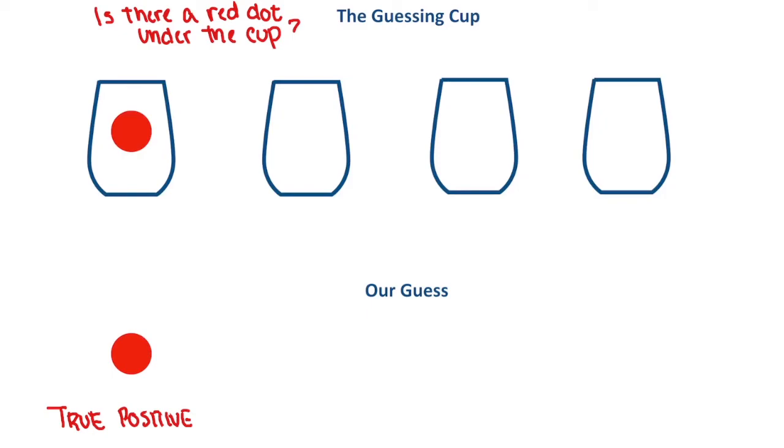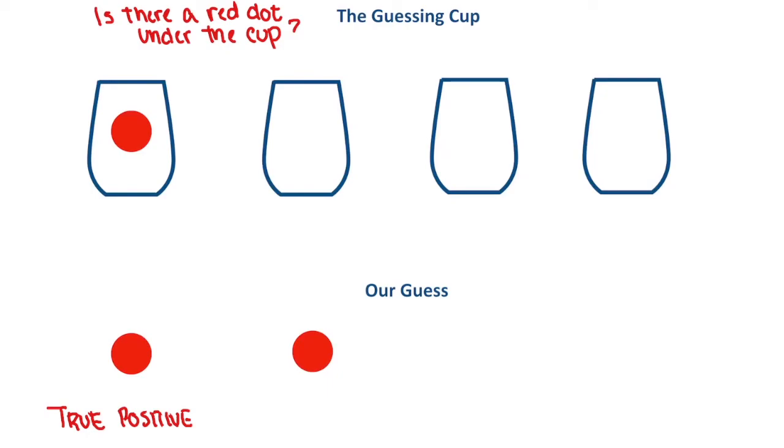So let's take a look at the second cup here. Let's imagine that for our second cup, we guess that there is a red dot here. And let's imagine that we follow this up by turning over the cup just above it. And let's imagine that we actually don't see a red dot in that cup.